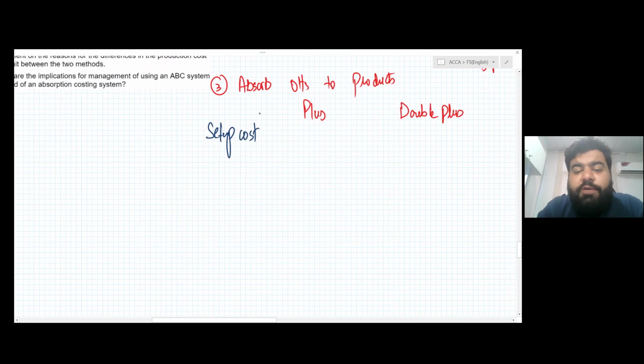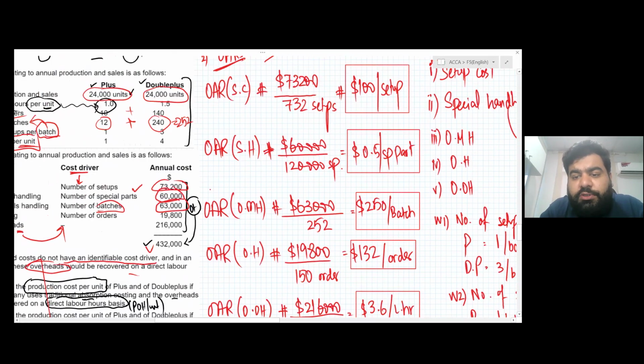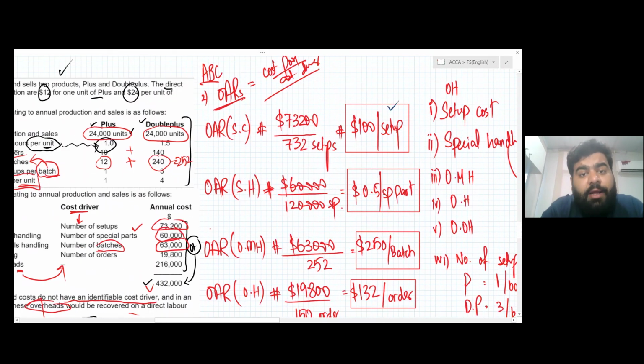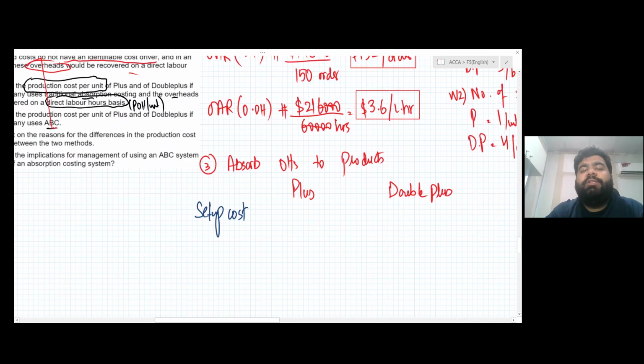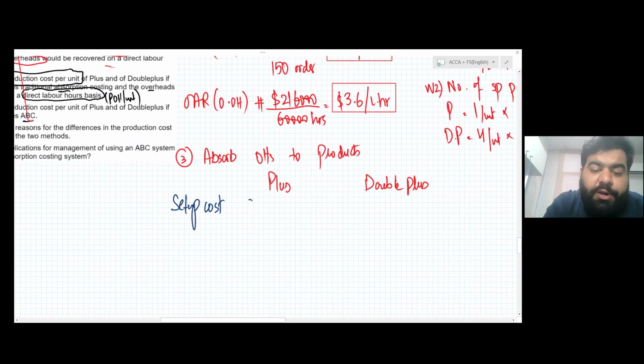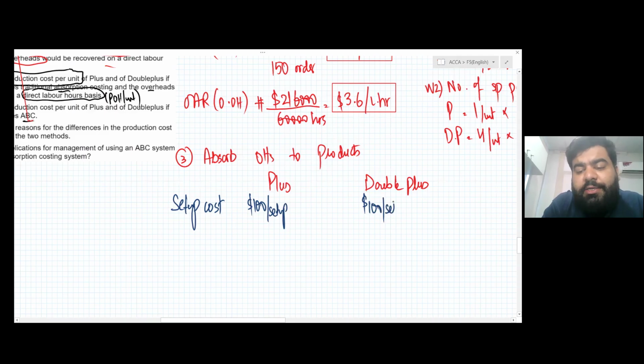Now for setup cost, the OAR was 100 per setup. This must be in your mind that the OAR is the same for every product. So 100 per setup here, and here also 100 per setup, but we'll multiply it with their number of setups.